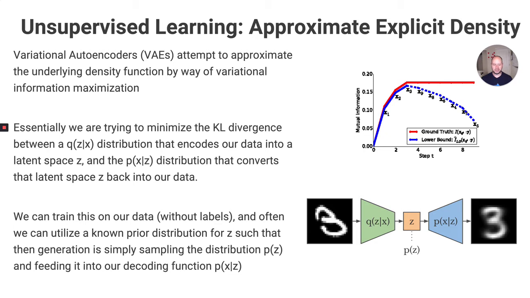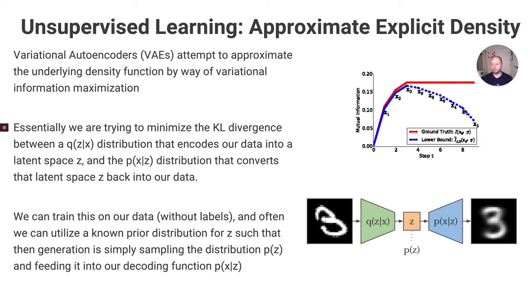So we have an input value, an input image, like the 3 in the bottom right, which we plug into this distribution function, which gives us the likelihood of a particular prior distribution that we're extracting z from, conditioned on that input data.